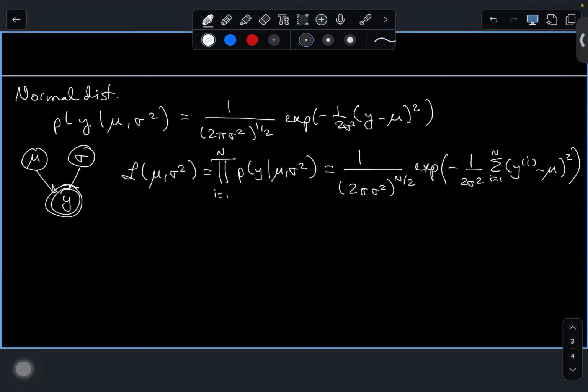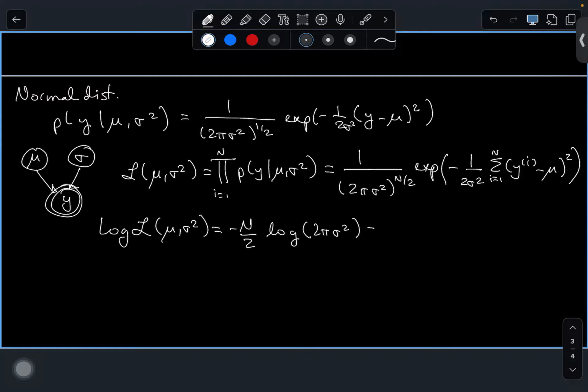Now I'm going to find the log of my likelihood. So look at the first term. The first term is 1 over this quantity raised to the power of n over 2. So that's that quantity raised to the power of minus n over 2. So I get a minus n over 2, then the log of 2 pi sigma squared.